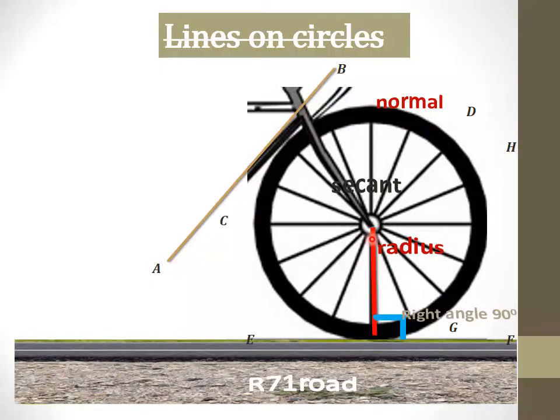And this spoke is perpendicular to the road at this point of contact. So the angle here will be 90 degrees. So it's very, very important.